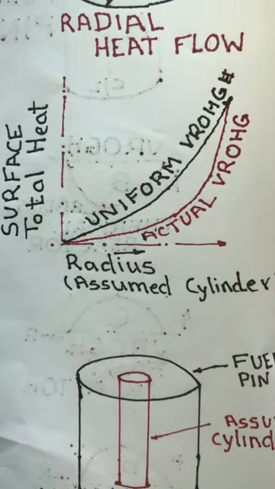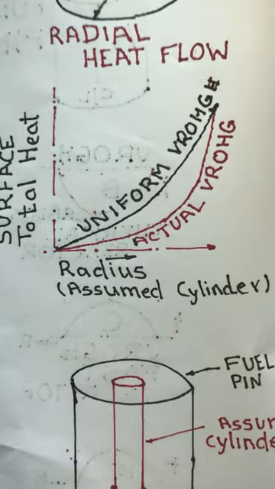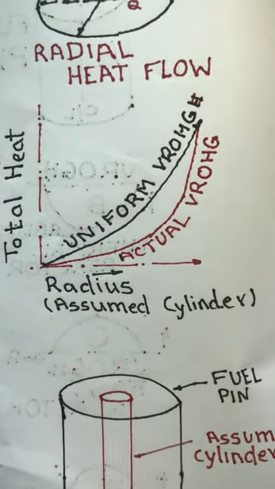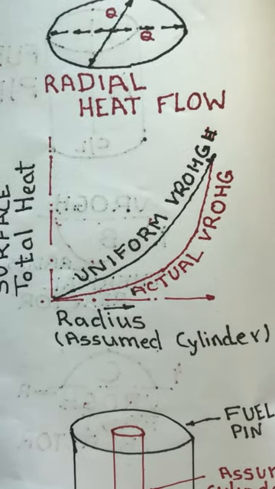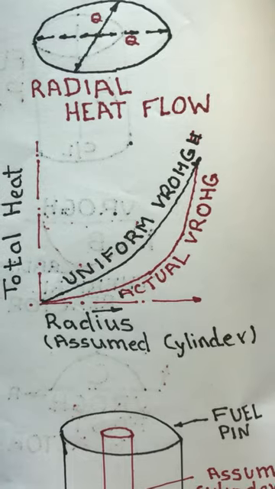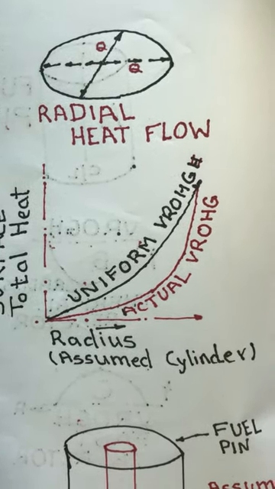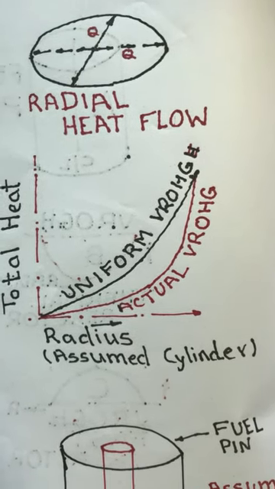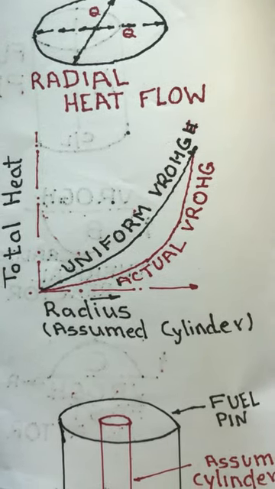But the uniform volumetric rate of heat generation is higher in the beginning and becomes less towards the end, while the actual volumetric rate of generation is smaller than the uniform case in the beginning, that is towards the center of the fuel pin, but it rises sharply and meets the other case at the surface of the fuel pin.